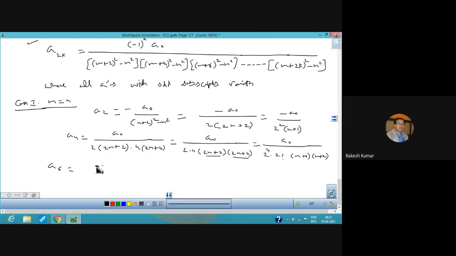In a6 you should have negative a naught upon, that is 2 4 6, 2n plus 2, 2n plus 4 and 2n plus 6. अब ये जो देखिए नेगेटिव पहली वैल्यू, दूसरी वैल्यू पॉजिटिव, तीसरी वैल्यू नेगेटिव.